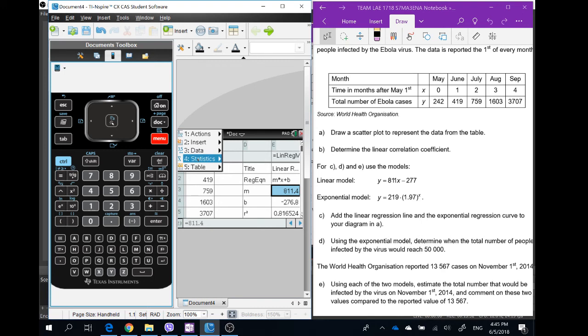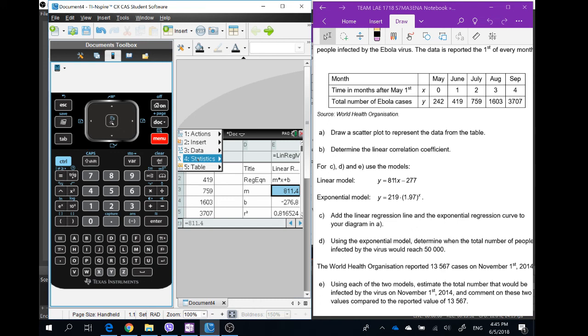Menu, statistics, stat, exponential regression, months, Ebola. Yeah, here is the model, 219, b is 1.797, and determine the linear coefficient for C, D, and E.